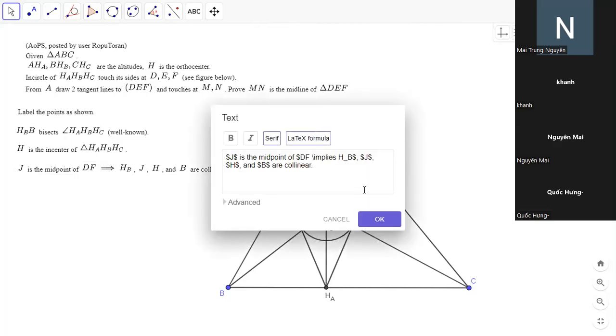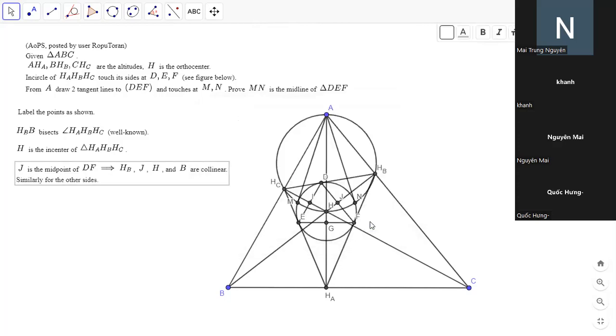I'll just say similarly for the other sides. And then once we know that, then angle HMA is 90 degrees.